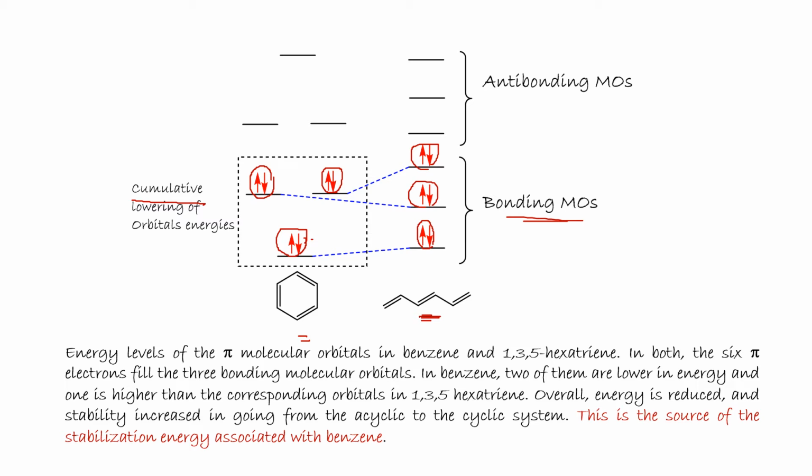The cumulative energy, or the sum of energy, is lower in benzene, much lower. That's why benzene is more stable. So the source of stabilization of benzene is the lower energy of its molecular orbitals.